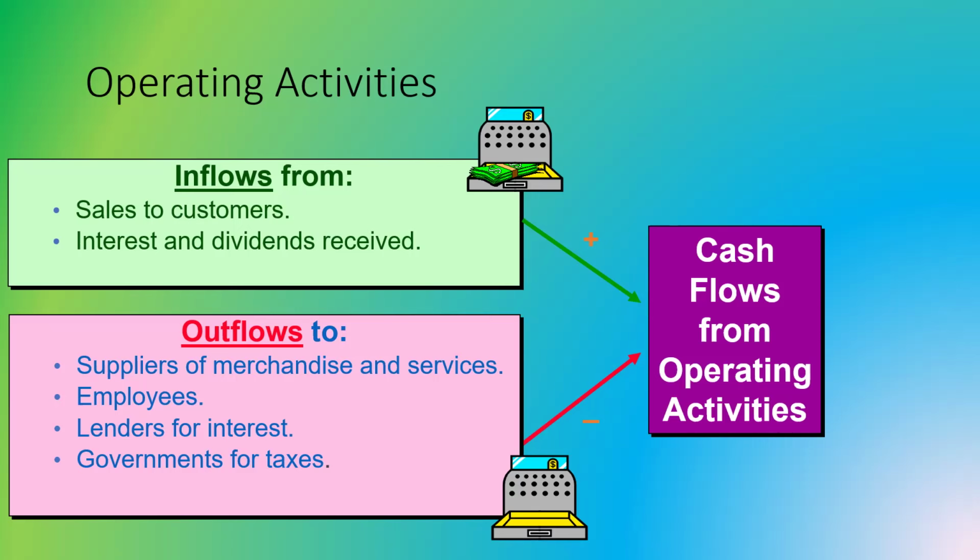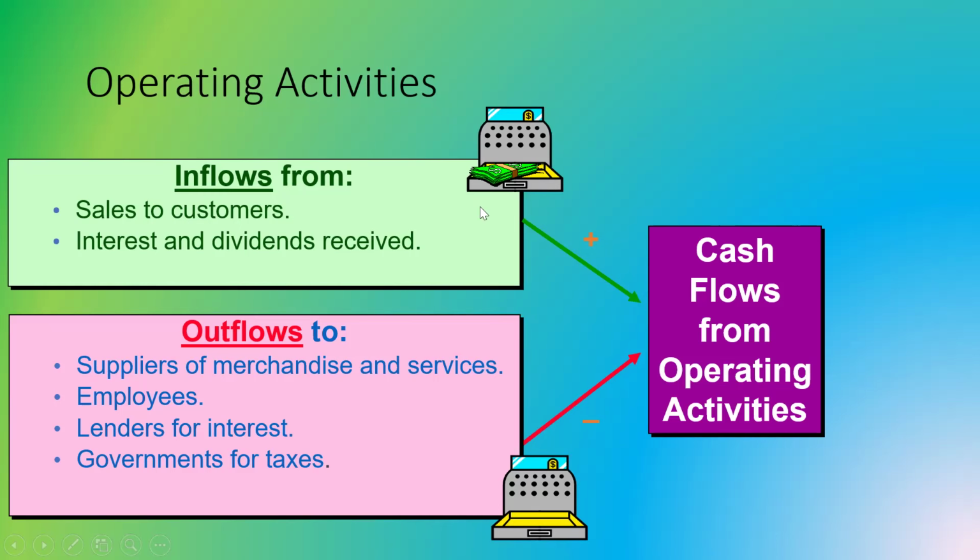The cash flows from operating activities section tracks all cash that flows in and out of the business from everyday operations. For example, in the case of inflows: sales to customers, and interest and dividends received.